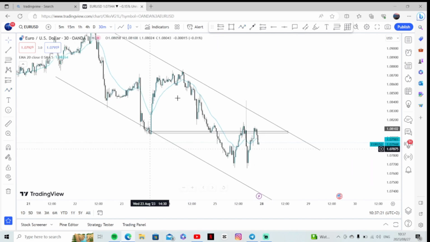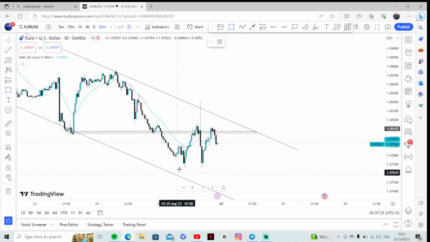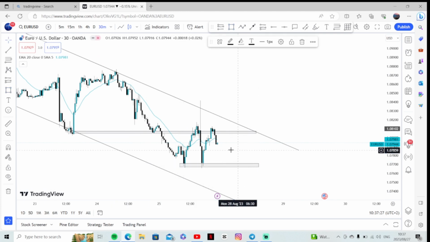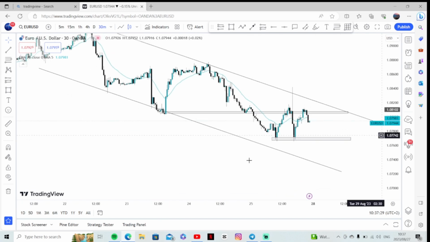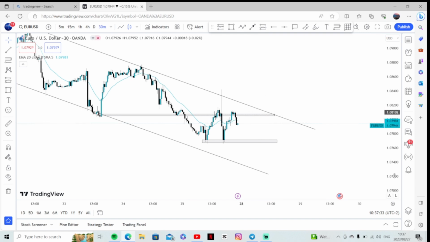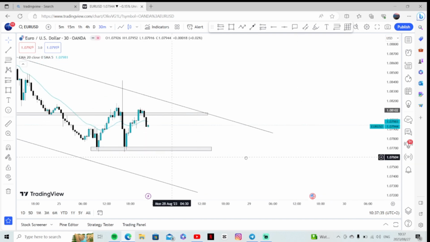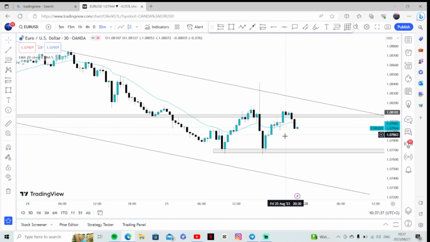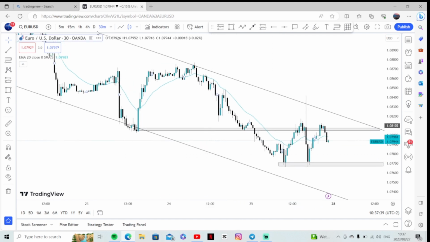Right here we formed another double bottom. So we are currently in a downtrend, so we're going to follow the market, but sometimes it's okay to go against the trend. Just don't do it frequently, right?